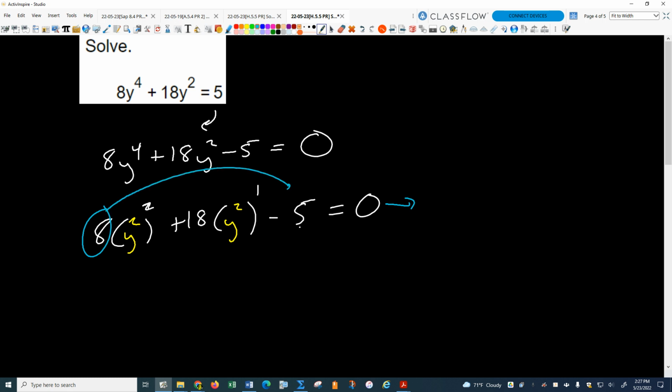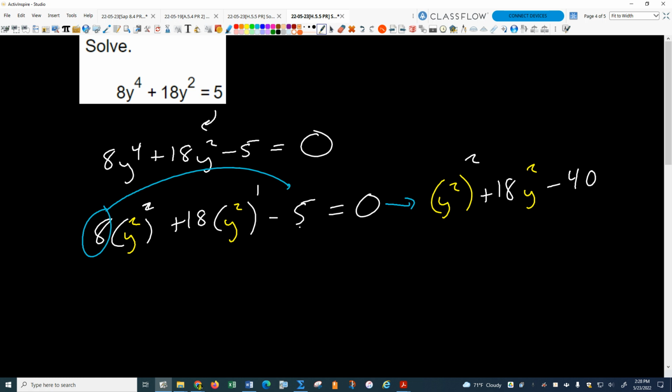And then that's going to give us just plain old y squared squared plus 18y squared minus 40 is what we get on the left side. And that's all we're trying to do is factor the trinomial. There's step 1 of slip and slide.